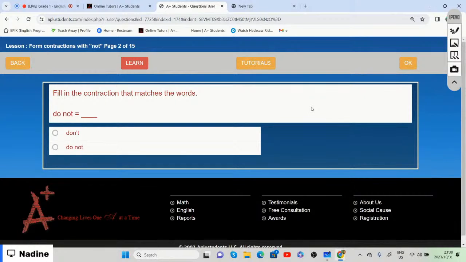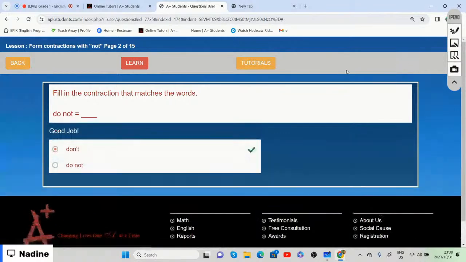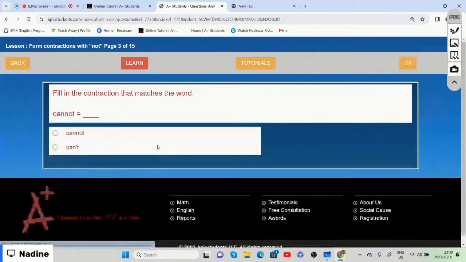Is it don't or does it say the same, just do not? All right, so if we fill in the correct contraction, yes, it will be don't. Well done. Don't is correct.